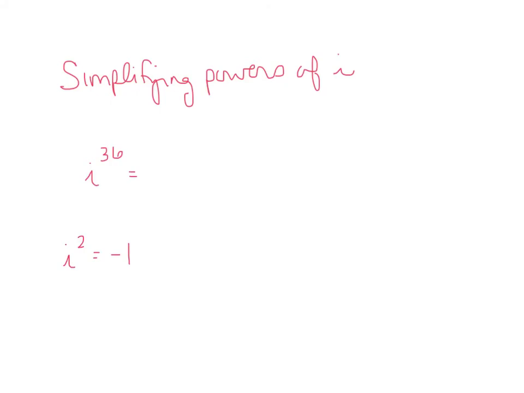So you want to rewrite this as i squared to some power. If we remember our exponent rule, a power to a power, we multiply, and so that needs to be 18. And then with a little substitution, what you have is negative 1 to the 18th power. And if I take a negative 1 18 times, I'm going to get positive 1. So as long as you base it off of i squared, you should be fine.